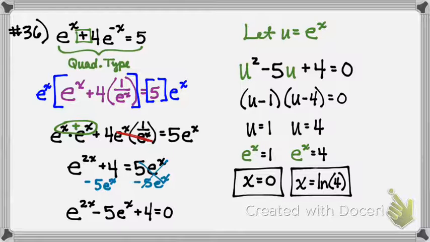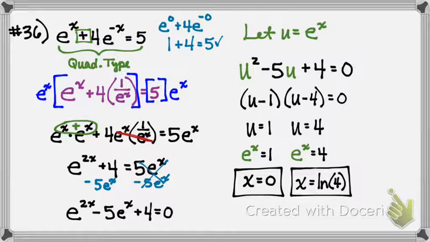You can check those. If we substitute it back in, what happens if I put 0 in the place of those x's? e to the 0 plus 4 e to the negative 0. What would I get? 1 plus 4, which is 5. So it works there, right?